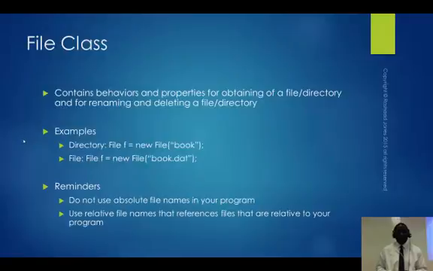Now here are some reminders, and the book talks about them. We'll probably spend more time over the course of this semester really driving this point home. You don't want to use absolute file names, and I'll show examples of that. Instead, you want to use relative file names, which reference files relative to your program, and I'll show you that in the next slide.